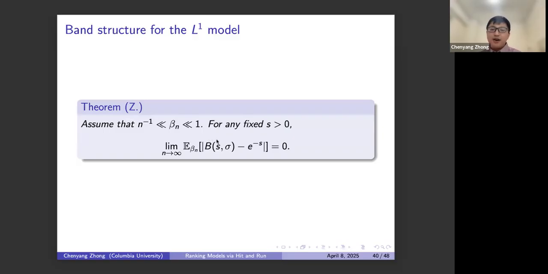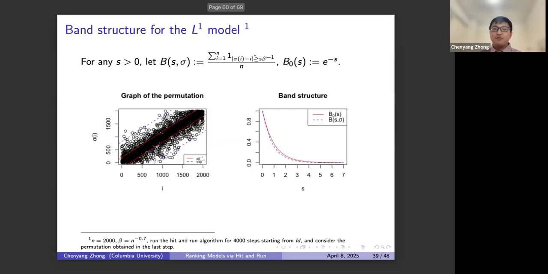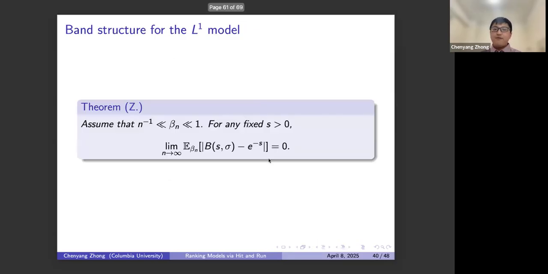Here b_s sigma is actually 1 minus the proportion of points inside the band, because we are defining it to be greater than or equal to. And therefore, the proportion inside the band would be 1 minus e to the minus s, up to vanishing probabilities.